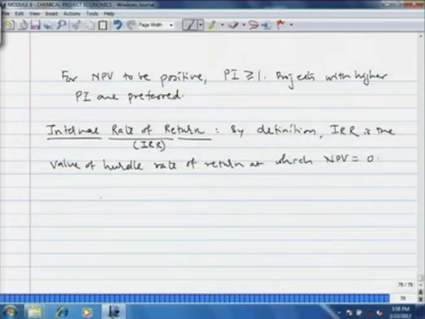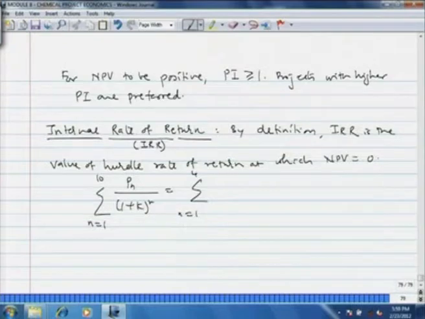That means here you have to equate the two summations, and then calculate K. Now, of course, these calculations are not explicit because the unknown K appears on both sides of the equation, and therefore these have to be solved iteratively.